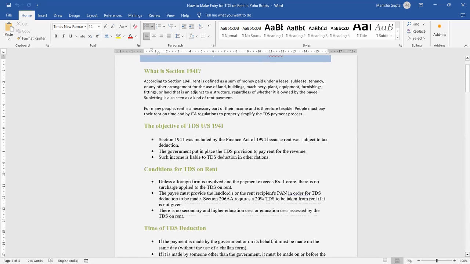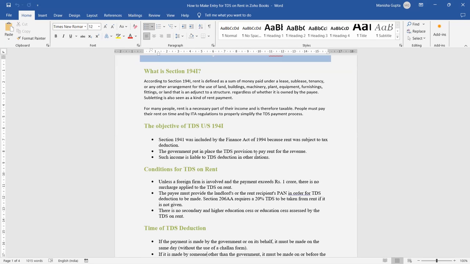What is the object of TDS under section 194I? Section 194I was introduced in the Finance Act 1994 because rent was a subject of tax deduction.